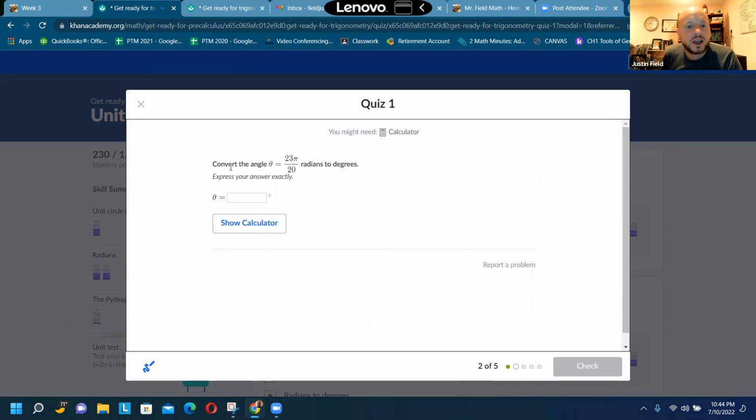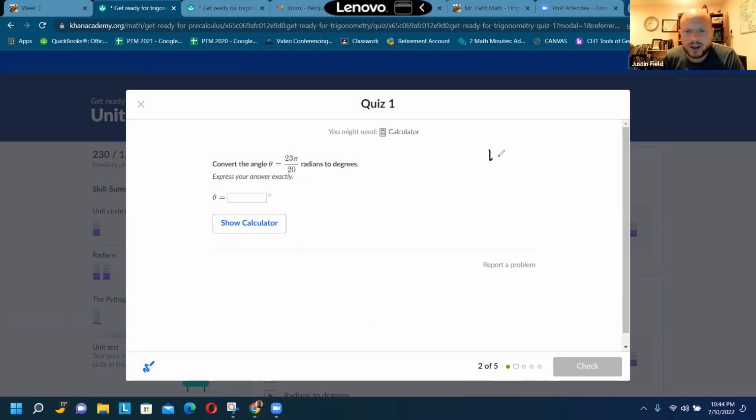Convert the angle from radians to degrees. When we're converting from radians to degrees, we have that conversion factor, pi over 180, and then we also have 180 over pi. So when do we use what?